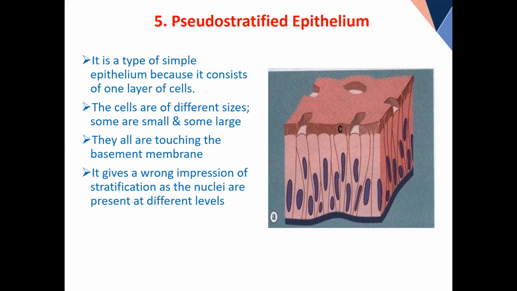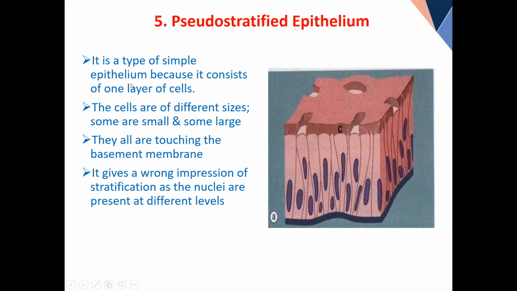But when we trace the plasma membranes down to the base, then it becomes clear that the appearance is because of the different location of the nuclei in different sized cells. That is why it is giving us a wrong impression. This is why it is called pseudo-stratified epithelium.